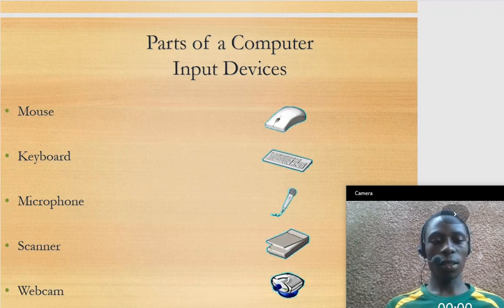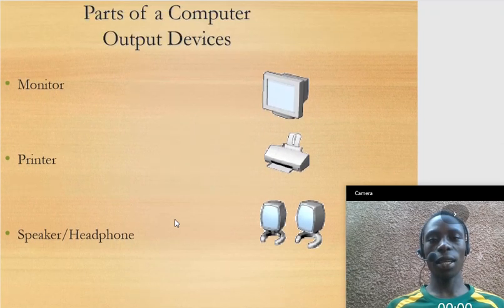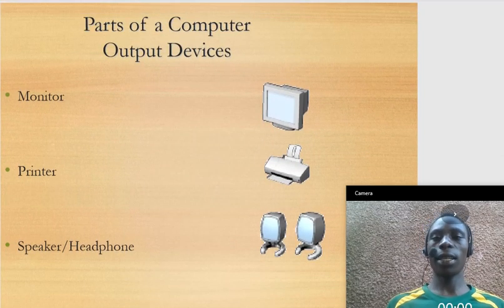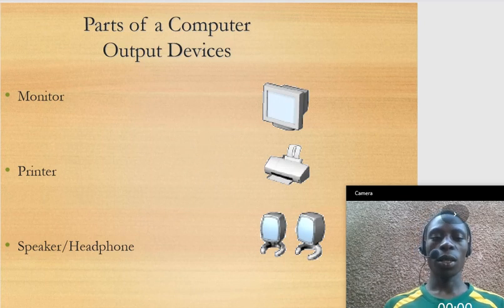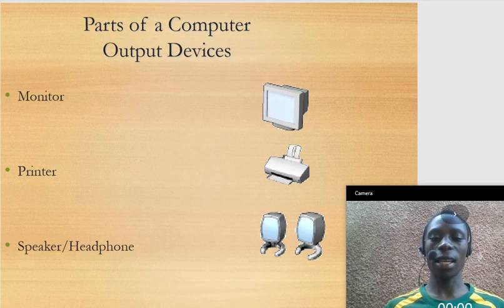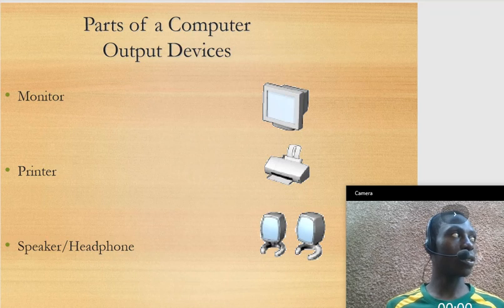Let's go to the next part of the computer, the output devices. In our first slide, we talked about the monitor as the output device. The monitor displays what you're doing with the computer, what you're inputting.